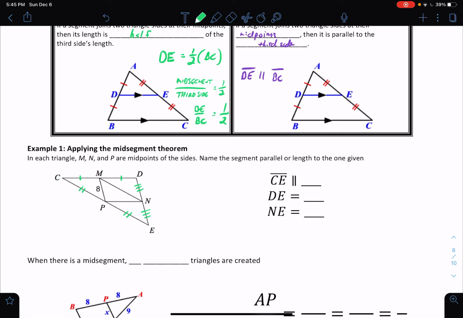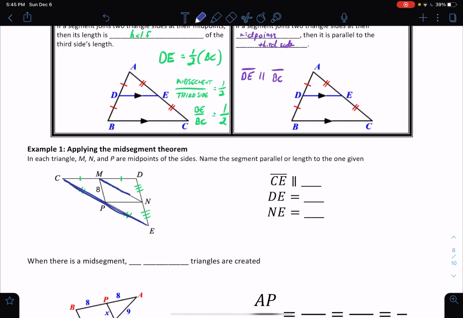Name the segment parallel or the length to the one given. So CE is this third side here. What side is going to be parallel to CE? Well, the midsegment that goes with CE is MN.